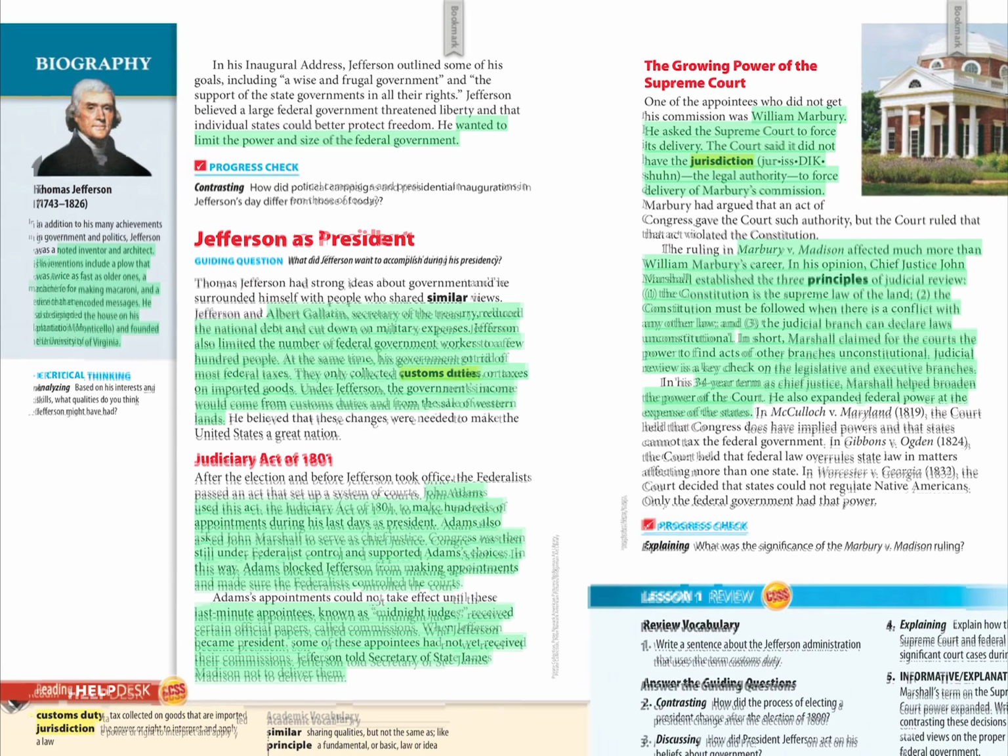One interesting thing is right before John Adams left office, I don't know if you remember, but elections take place in November, and then the next person doesn't take over until January.